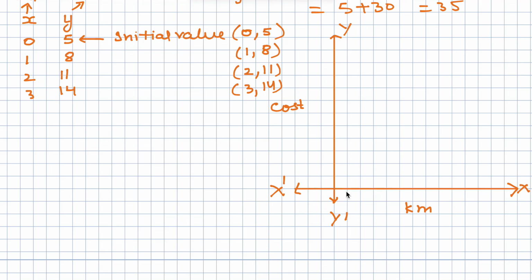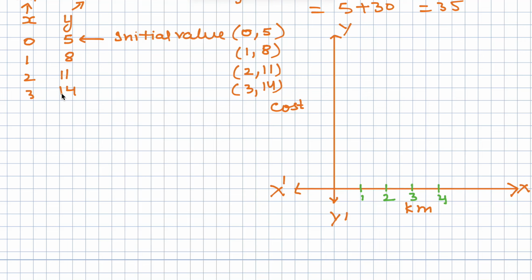Now because it's going in a sequence 0, 1, 2, 3, 4, I can simply write it as 0, 1 and then 2 and then 3 and then 4. Now when it comes to the y-axis, I see the values are 5, 8, 11 and 14. If I write 1, 2, 3, 4, 5, 6, I have to make a very long vertical axis, but we can find a solution for this.